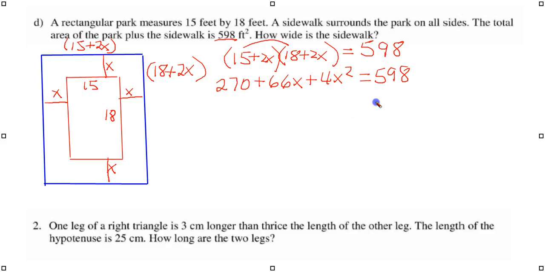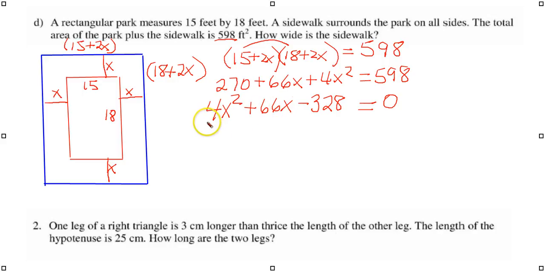Now I'm going to integrate this side into this side and put this in standard form. Now I'll move this over, this stays in the middle. I'll subtract this from that, and I get this. Now, if it's smaller numbers, it's a little easier to factor.